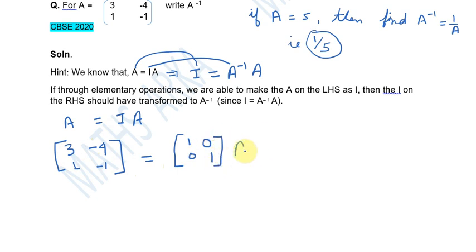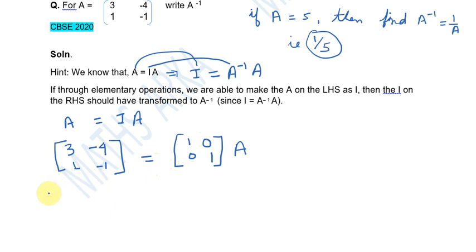Now let's keep the A as it is. We have to change this to I. If we change this to I, and the same elementary operations are applied over here as well, then whatever result we get here, that is our A inverse. This is the method of elementary operations. It is through elementary operations that we can invert the matrix.